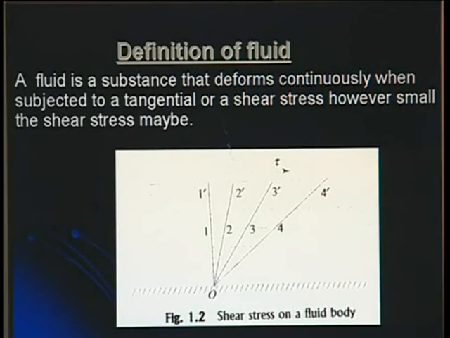Now, after studying the molecular structure, we will try to understand what we mean by fluid, what is the difference between the solid and the fluid in terms of fluid mechanics. So, here we have a figure in which we have a lower plate, which let us say is fixed, and then we have an upper plate.